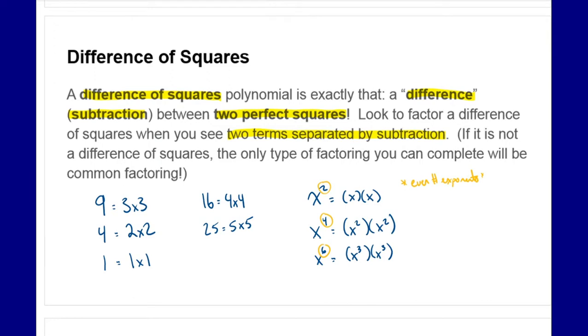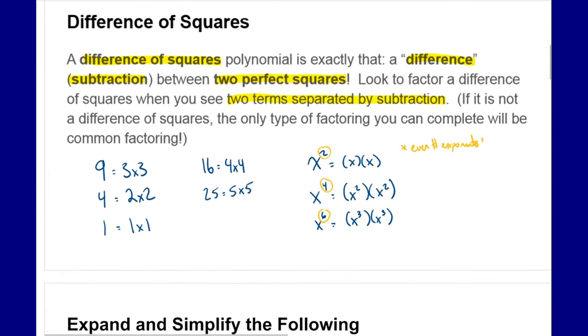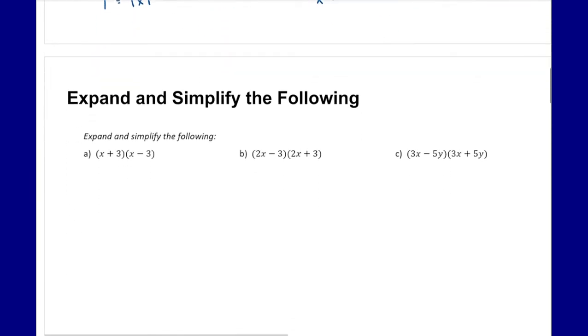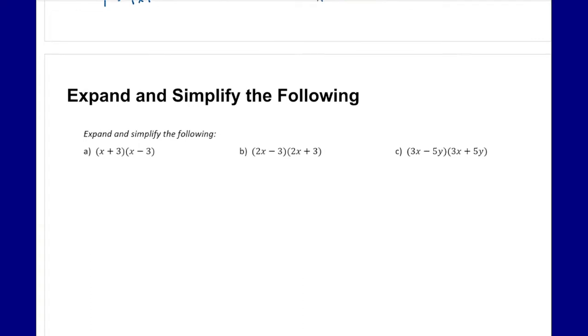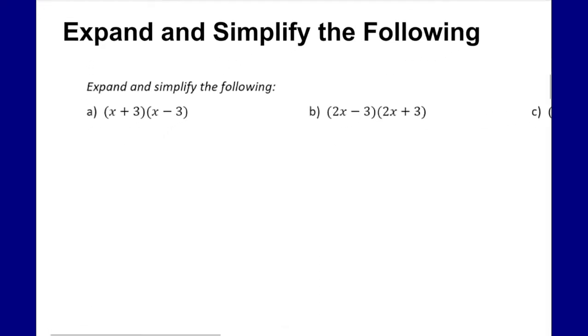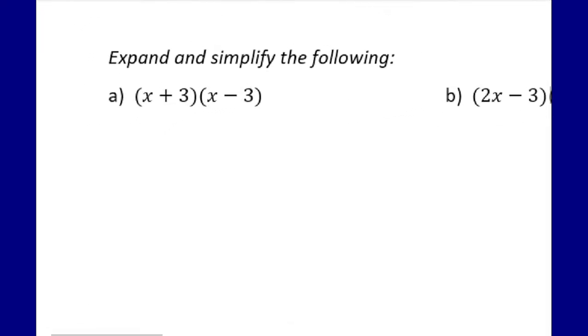Now let's look at a couple of examples of how we get to that. We're going to expand and simplify the following polynomials. We're going to use our distributive property that we've talked about before in our previous lesson. So x times x, x times negative 3, 3 times x, and 3 times negative 3.